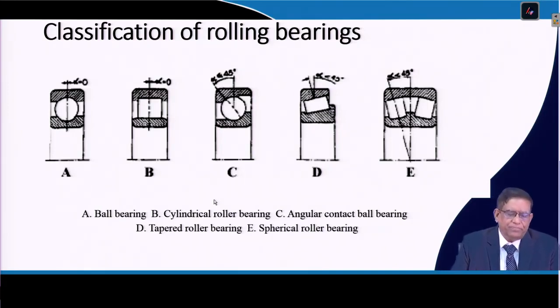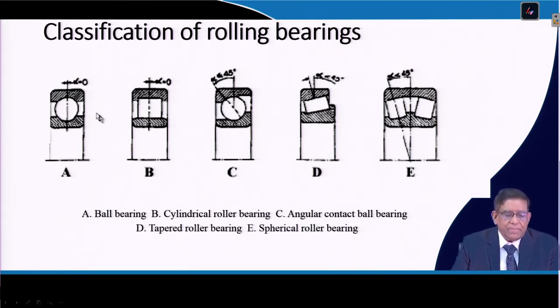Now, there is also the cylindrical roller bearing. It is a rolling contact bearing, that is, between the two surfaces there is no sliding friction when there is rolling, because rolling friction is less. By that you are reducing the metal wear.